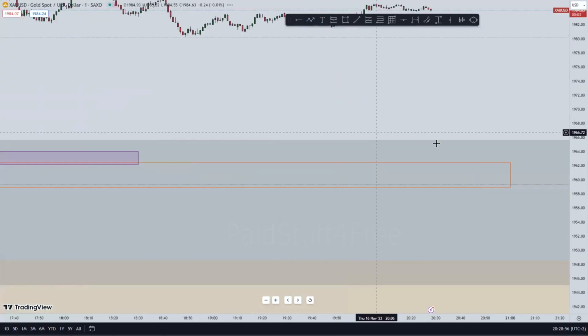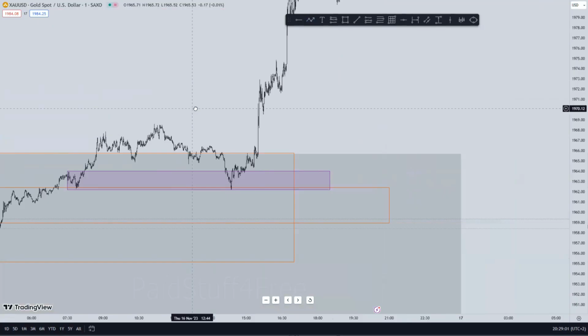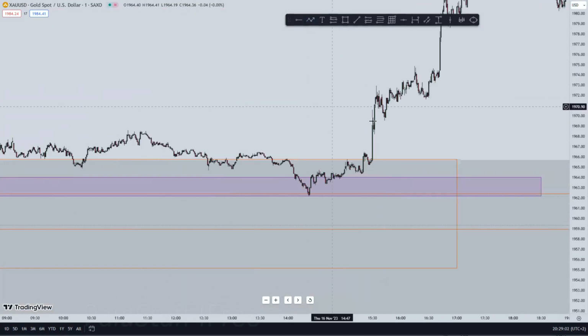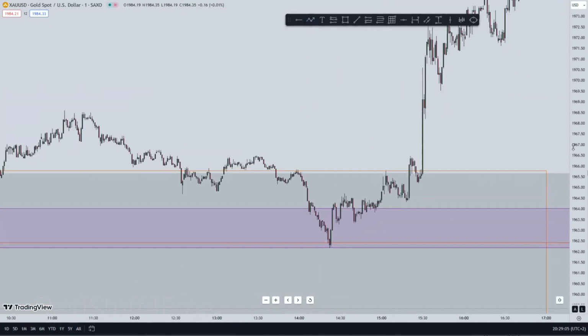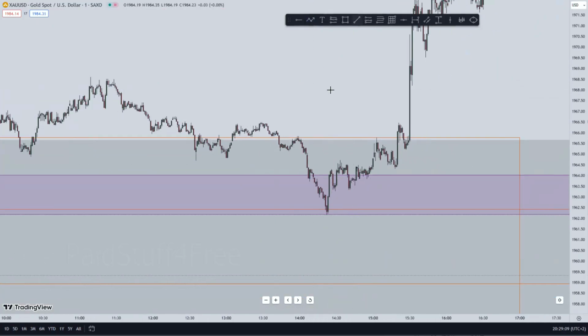You said when the zone is less than 30 pips? 30 or less. So if I see EG plus EF, that gives me 30 pips or less.